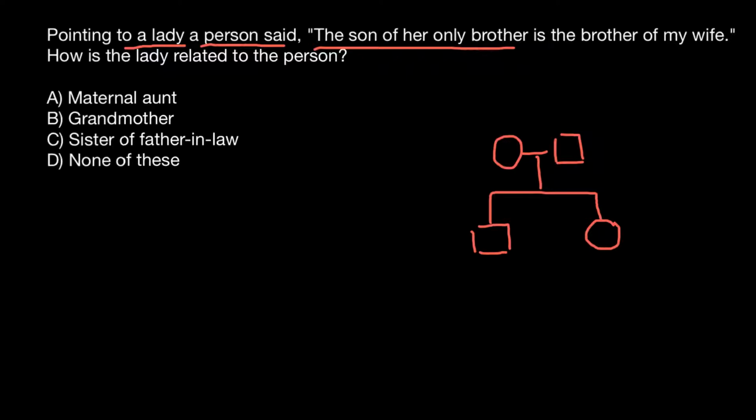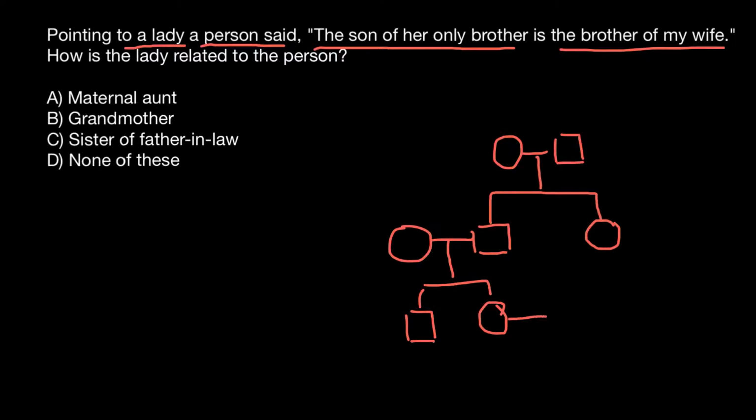Again, the son of her only brother: the brother is married and he has a son, who is the brother of my wife. So this couple has two children. One is a son, and the son is a brother of this person who is talking.